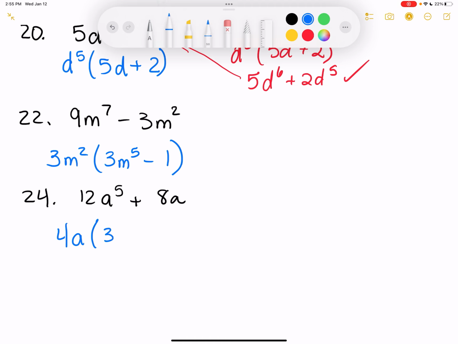Yep, 3. If I take out 1a from the 5 a's, what do I have left? 4. Okay, so a to the 4th plus, if I take out 4 from 8, 2. If I take an a from a, are there any a's left? No. No a's left.